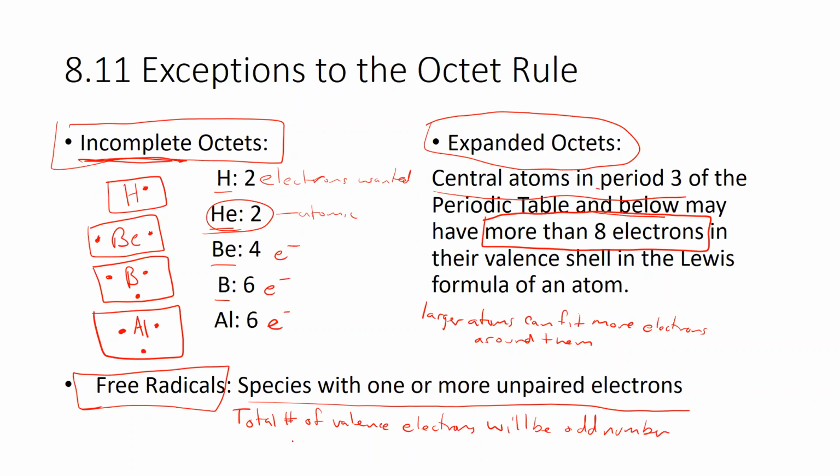Generally, you'll see this a lot with the nitrogen atom in certain types of compounds, okay? The nitrogen atom will tend to form these because it has 5 valence electrons, and depending upon what it's bonded to, for example in nitrogen-oxygen compounds, it'll have an unpaired electron in many cases, okay? So those are exceptions that, as you're making Lewis structures, you'll encounter occasionally, so it's good to know those things.